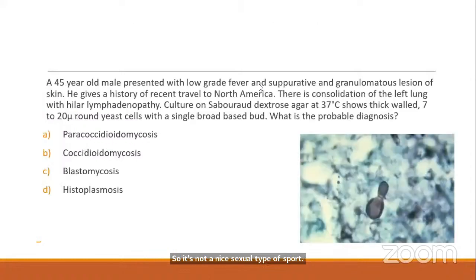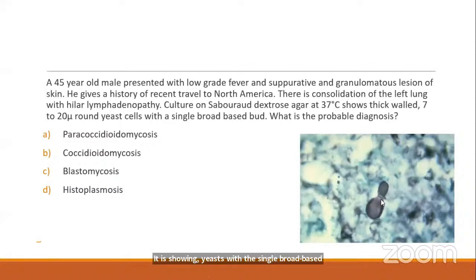Okay. So next question: a 45-year-old male patient presenting with low-grade fever and a granulomatous lesion of the skin, and he gives a history of North American travel. That word is important, that location, North America. There is left lung consolidation with hilar lymphadenopathy. And another thing you have to remember is that at 37 degrees Celsius, it shows yeast cells with single broad-based budding. That keyword is broad-based budding.